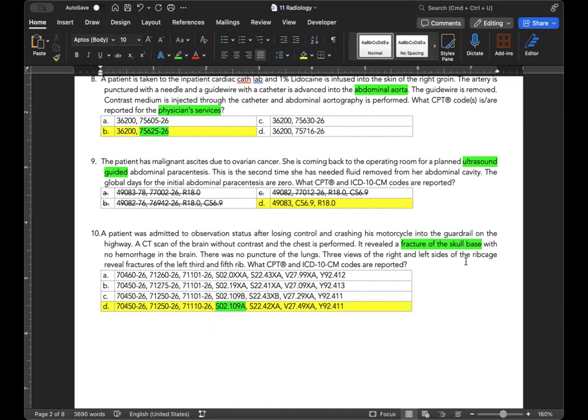Since they didn't indicate that it was open, then we have to go with the closed fracture. So ones like this, do not let them intimidate you, because you will typically find that you have to look at like 2 codes and you're good. This one we got lucky and there's only one, right? We had the code, but we just had to figure out our 7th character.